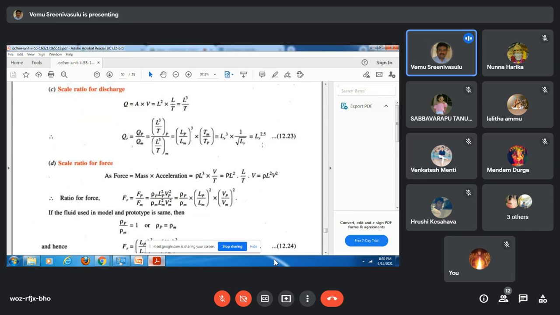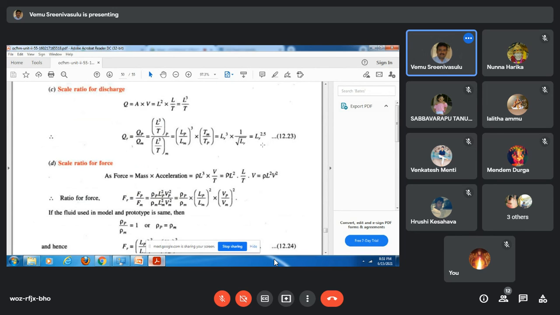Length ratio, width ratio, diameter ratio: if all those ratios are different, it's not geometrically similar. If all ratios are equal, then it's geometric similarity.